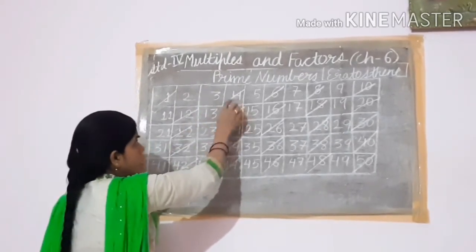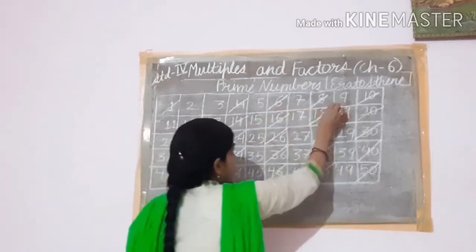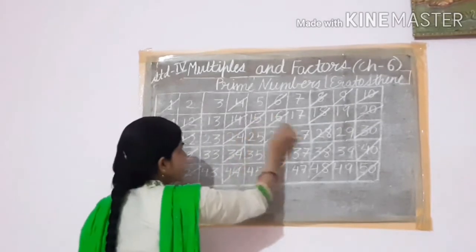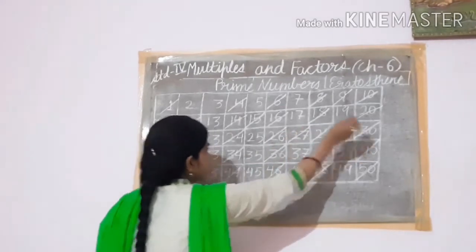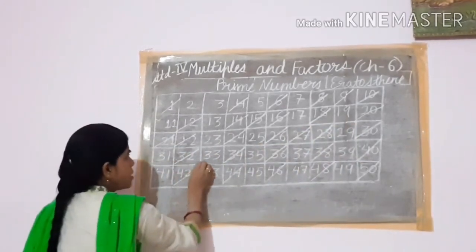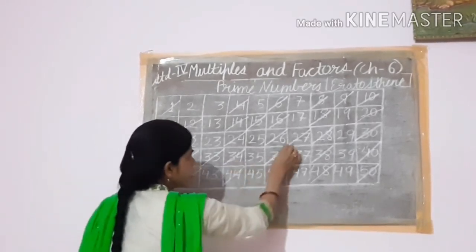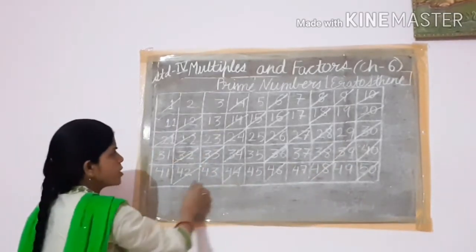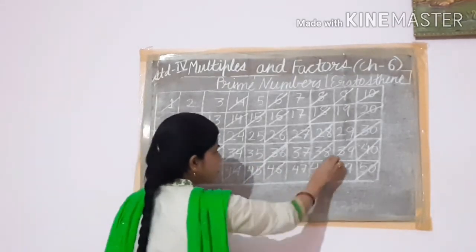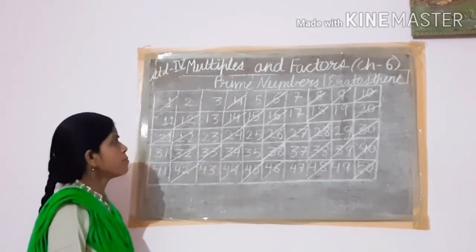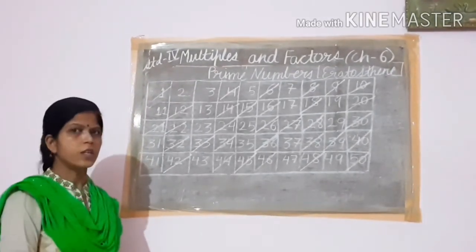But after this third number, 6, you have to read the table of 3 also. 9, 12, 15, 18, 21, 3 8s are 24, 3 9s are 27, 3 10s are 30, 3 11s are 33. Then 36, 39, 42, 45, 48.